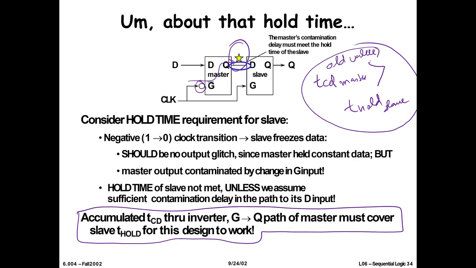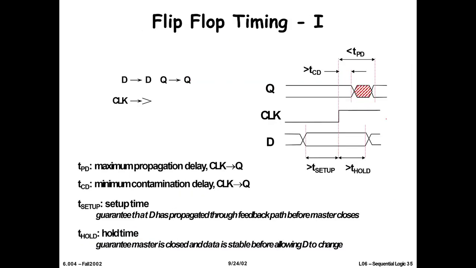So the old value of the master should be there for an amount of time which is greater than the hold time of the slave. If this condition is violated, the whole circuit will not work. And this is a very, very important constraint.